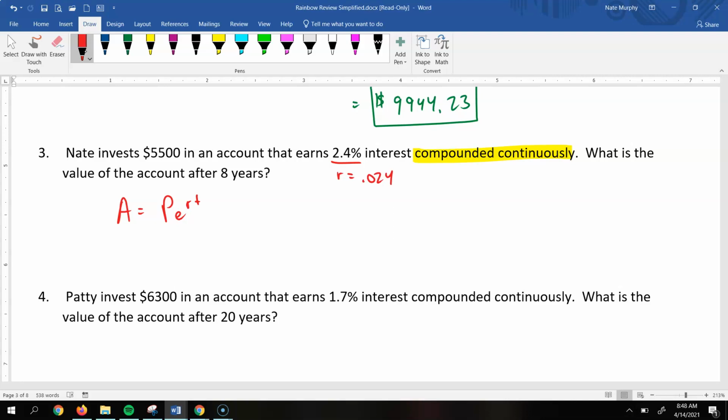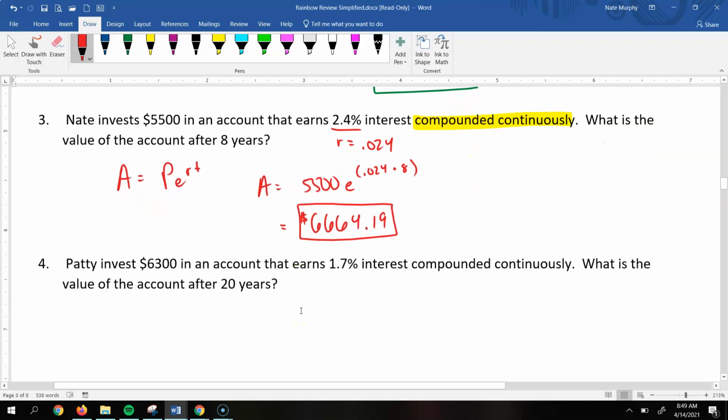So for your equation, we would take 5,500 times e, and then your exponent's going to be 0.024 times 8. Again, you just type this in your calculator all at once. When you do that, you're going to get an answer of $6,664.19.